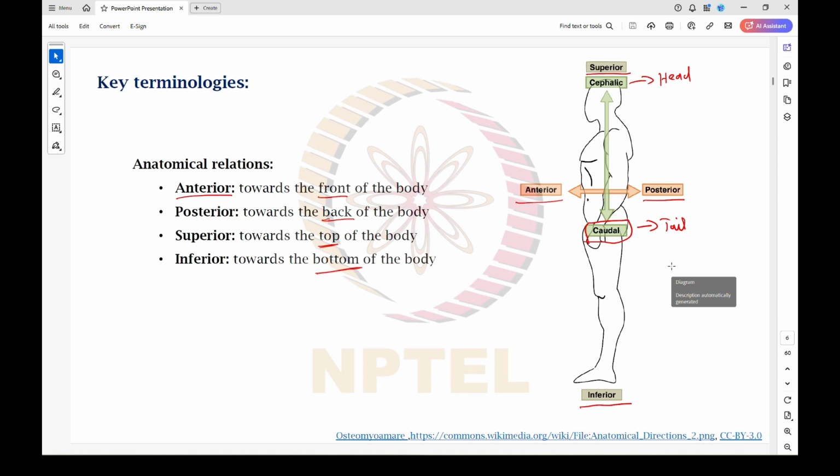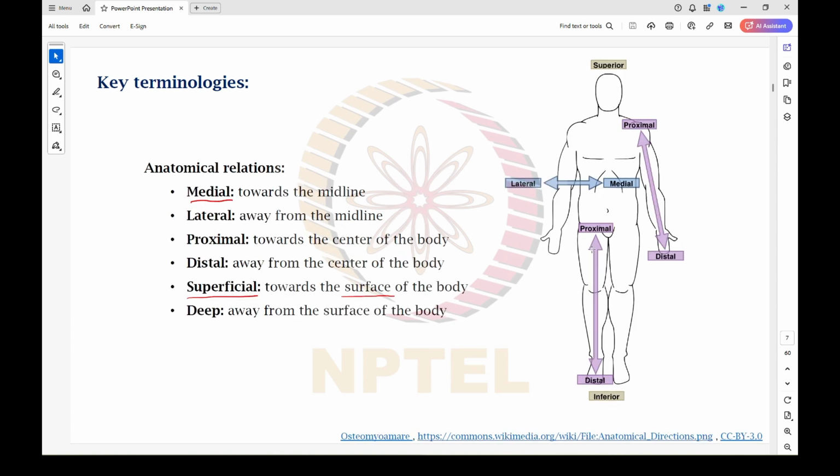These are relative positions. Similarly, whatever is towards the front of the torso is called anterior, and towards the back of the body is called posterior. The superior position can also be called cephalic. The opposite of that is the caudal position, which is near the caudal bone or the tailbone of the body.